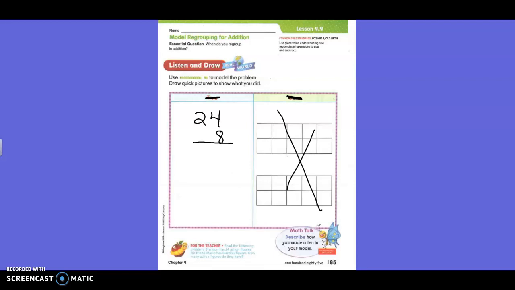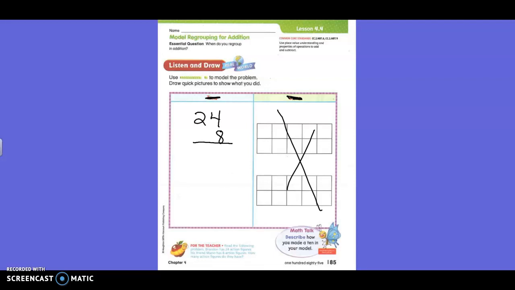You have to make sure that if it's a 1s number, it is under the 1s place. Understand? And if it's a 10s number, it has to be under the 10s. We'll keep doing this so you can learn some more. But this is important that when you only have one 1s number, that you put it under there.